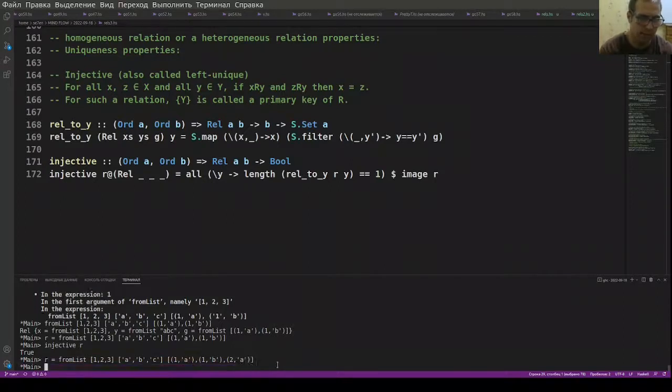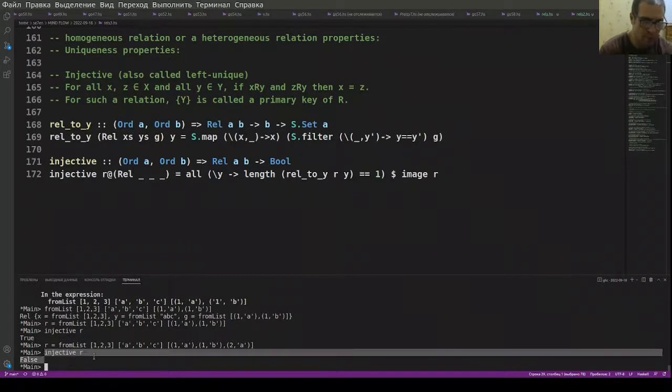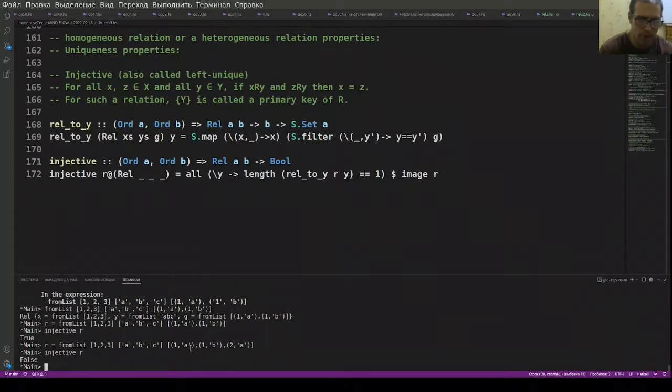In this situation, our injectivity, you can see, is broken because the same y maps to two different x's.